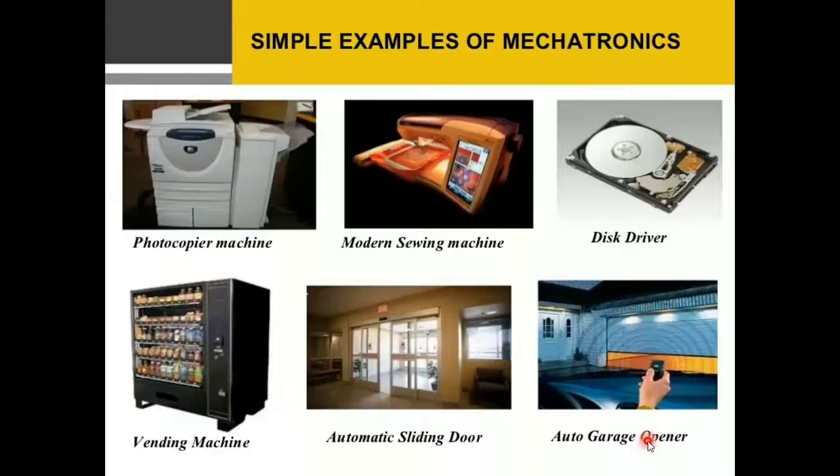And also we can see these examples in our daily life: photocopier machine, modern sewing machine, disk drive, vending machines, automatic sliding door, auto garage opener. So inside all of these things mechatronics is present.